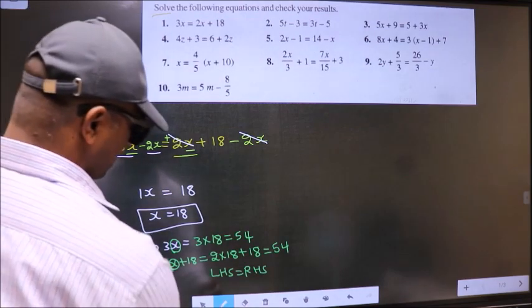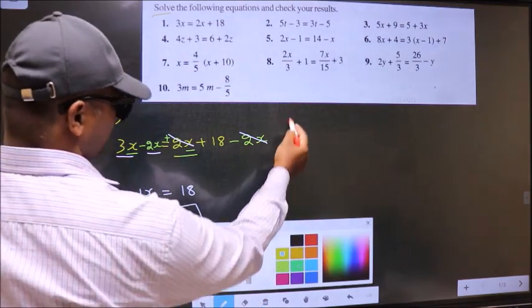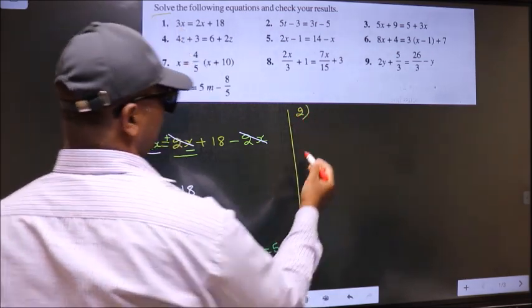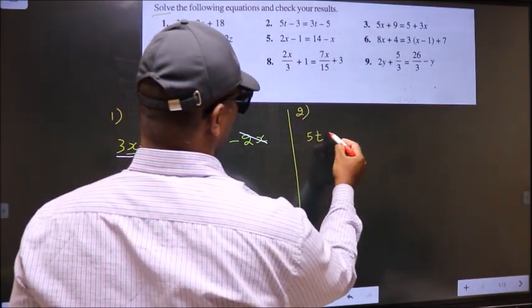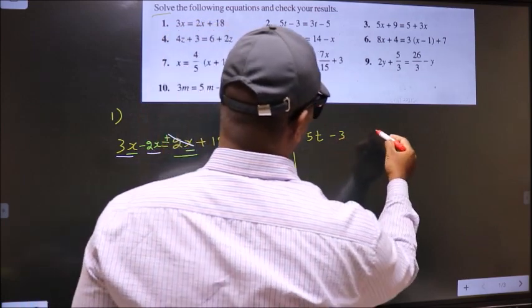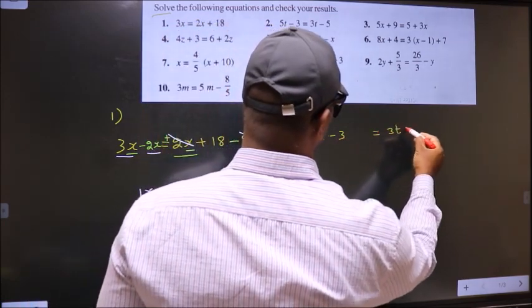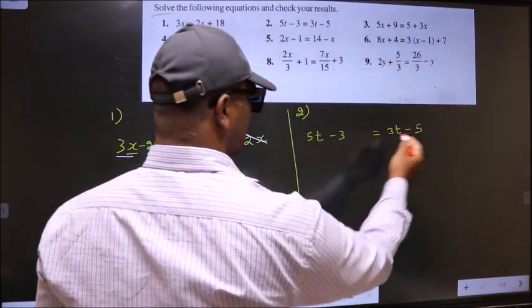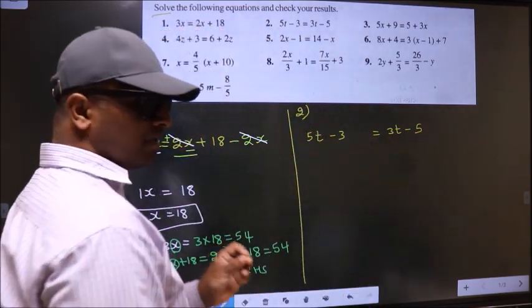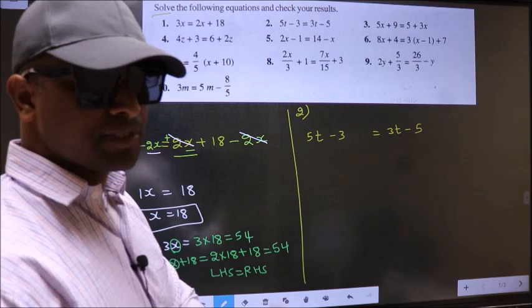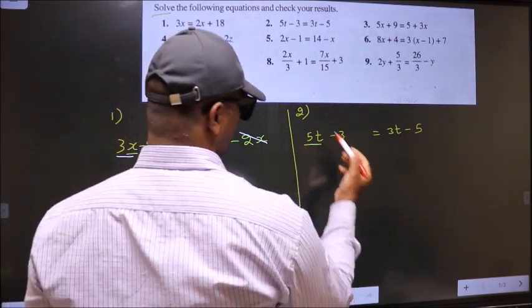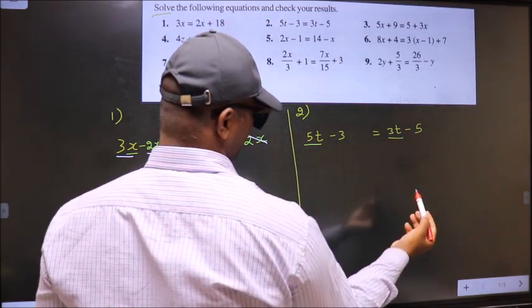Next, question 2. 5t minus 3 equal to 3t minus 5. Now, in this equation, we have got t terms present in two places, that is here and also here.